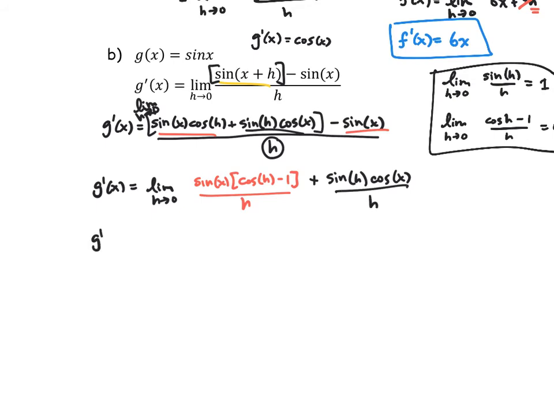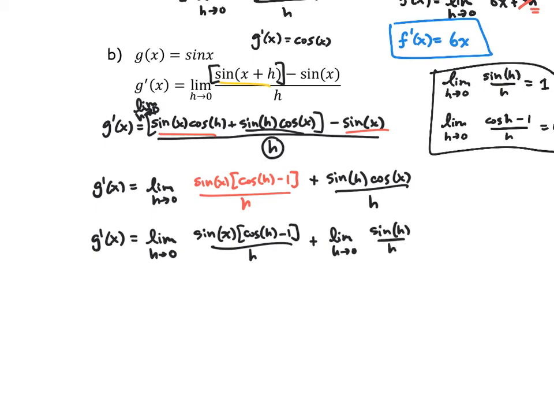Now using limit laws, I'm allowed, if I have a sum, to split this into two separate limits. Just like this, plus the limit as h goes to 0 of sine of h over h times cosine of x. Perfect.